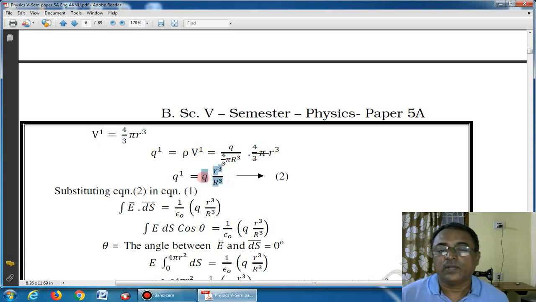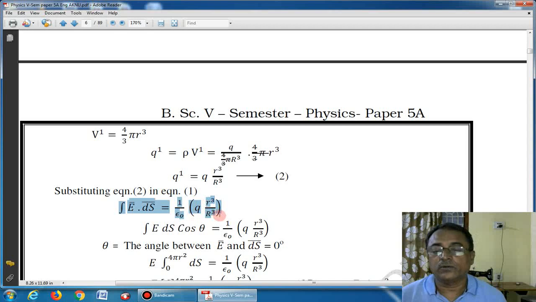Then q dash is equal to q into r cube by capital R cube. So substituting this q dash value in the above equation, that is Gauss law equation 1, then integral E bar dot ds bar is equal to 1 by epsilon naught into q dash, which is q into small r cube by capital R cube.